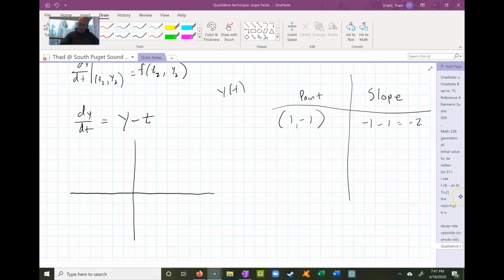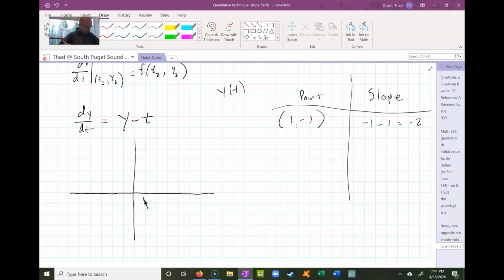Okay? So now I'm going to go ahead and graph that. So if I go to the point 1, -1, that'd be over 1, down 1. So I'm talking about that point right there. And this is saying the slope at that point is -2. So I'm going to draw a short little slope line that's approximately a slope of -2.